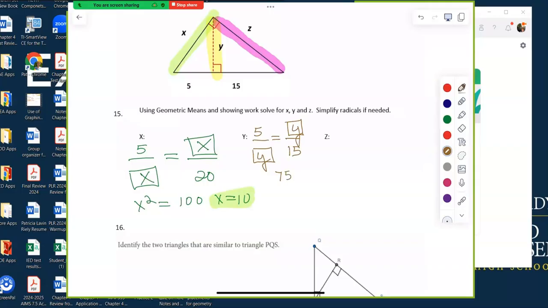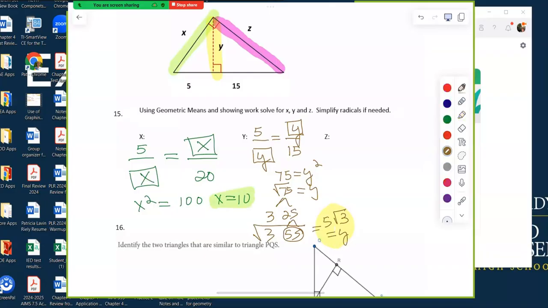That's 75 equals y squared. y equals radical 75, which breaks down into 3 times 25, which is 3 times 5 times 5. Take out the 5, and that equals 5 radical 3. So 5 radical 3 equals y, and that is the yellow value.